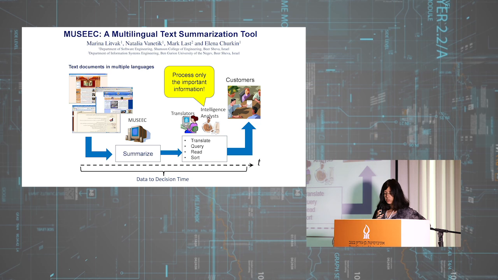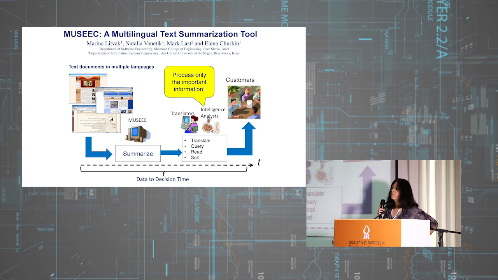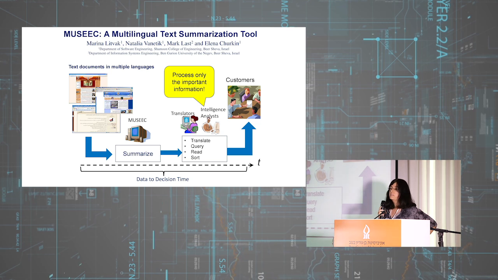The second approach, named POLY, is an unsupervised summarizer based on linear programming. And the third approach, named VCOM, is an unsupervised summarizer based on compression of sentences.